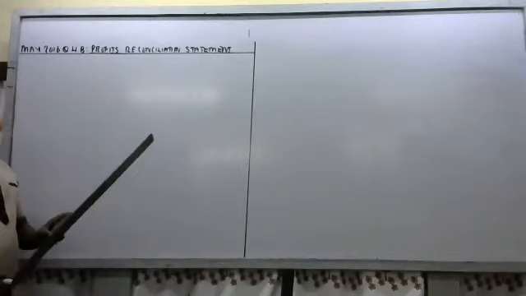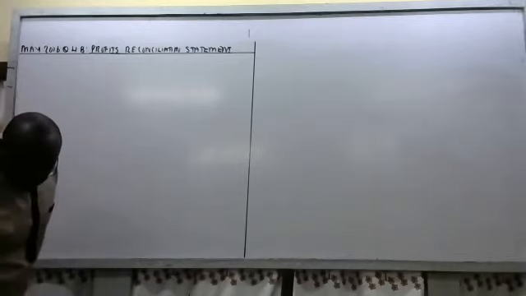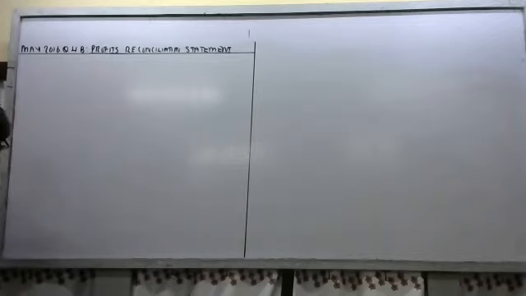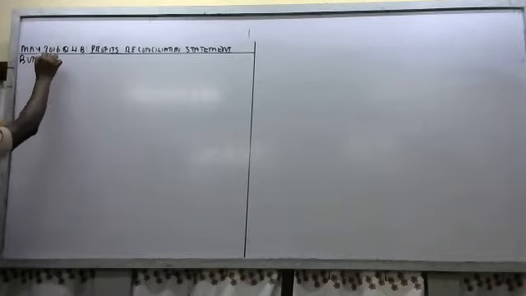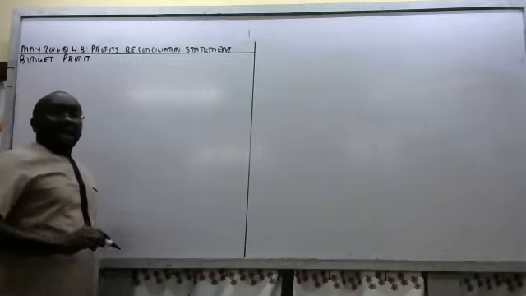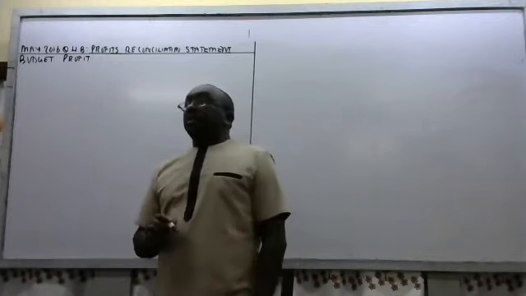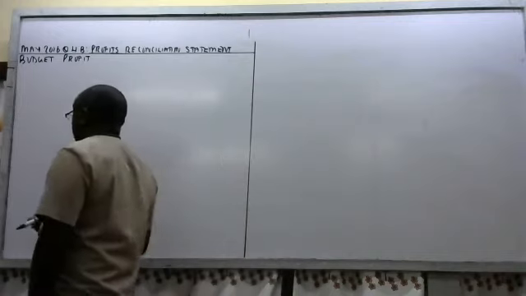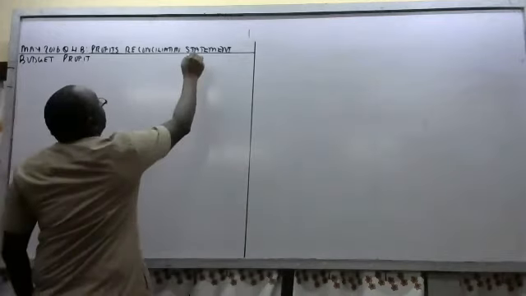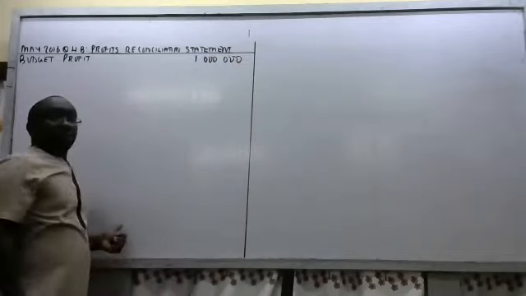So I told you this one, we always begin with budget profit. And when we talk about the budget profit, it is the original budget. So the original budget, we recorded 1 million. The one we have here, 1 million.